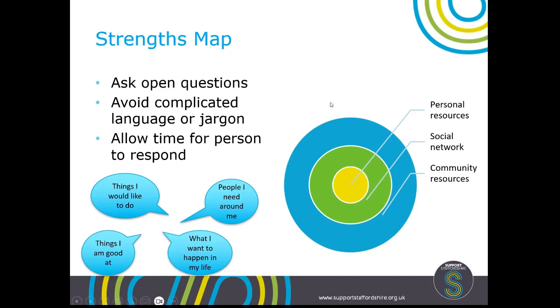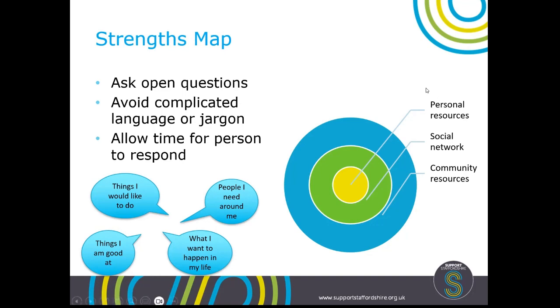Well, I've got this little scenario that we're going to have a look at. You should have all received it. This target is a strengths map. In the center we've got the person, so those are the strengths that person has. And then the green bit, sorry, I forgot to check that I'm saying the colours, and then realised that if anyone's colourblind, you might not be able to distinguish between the blue and the green.